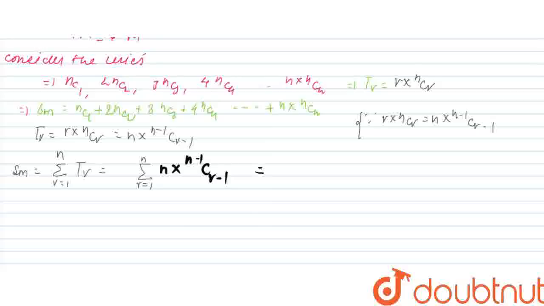Now this summation applies only to (n minus 1)C(r minus 1), because n is not included in the summation, so n I can take outside. So n into (n minus 1)C0 plus (n minus 1)C1 plus (n minus 1)C2 and so on. So directly the answer will be n into 2 to the power n minus 1.